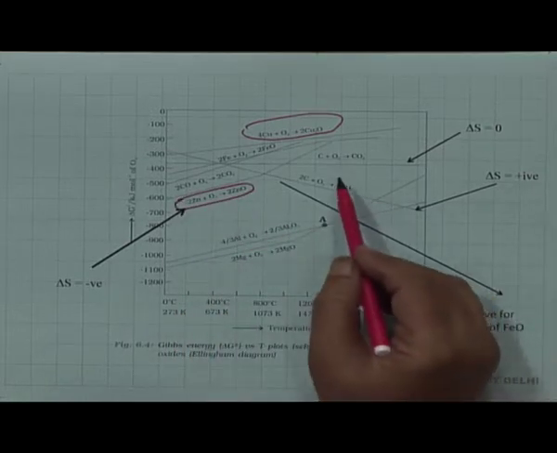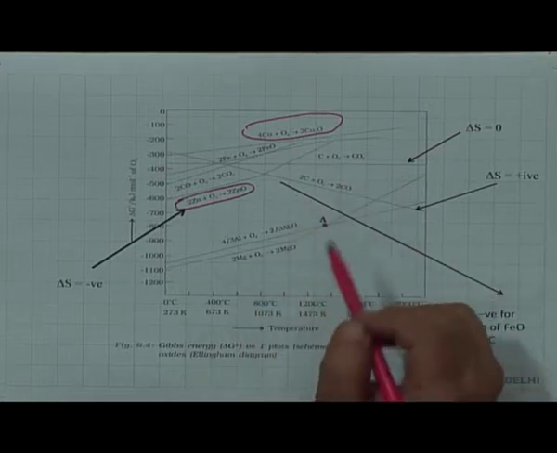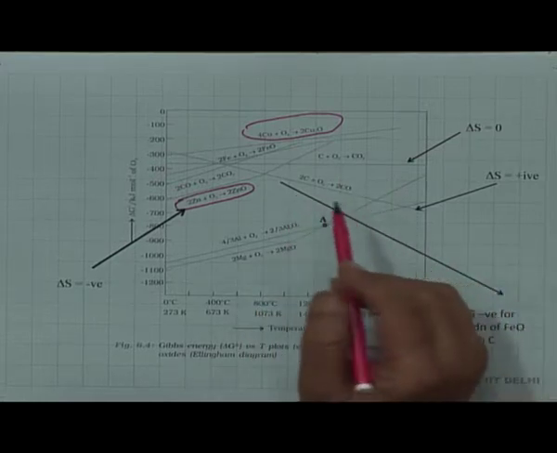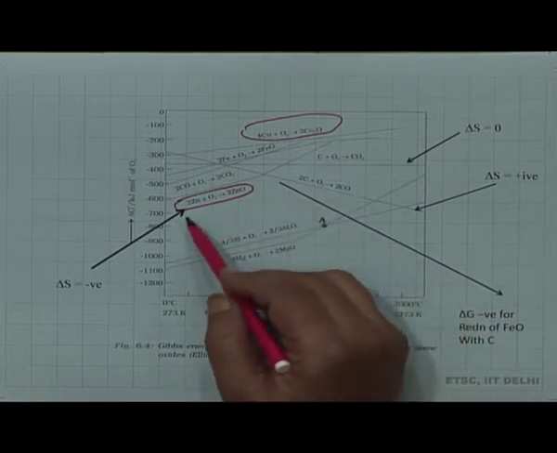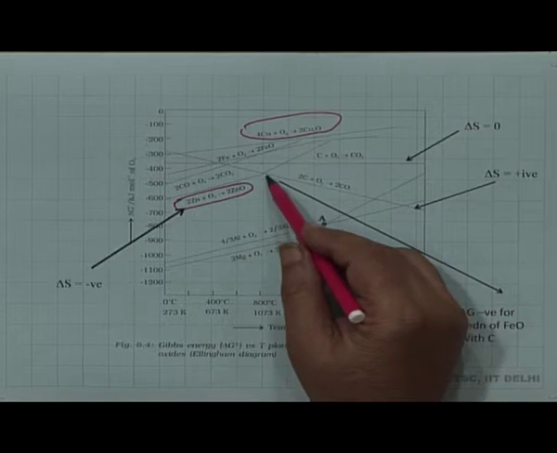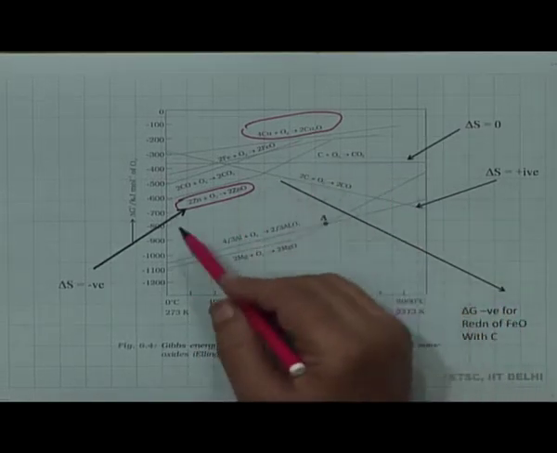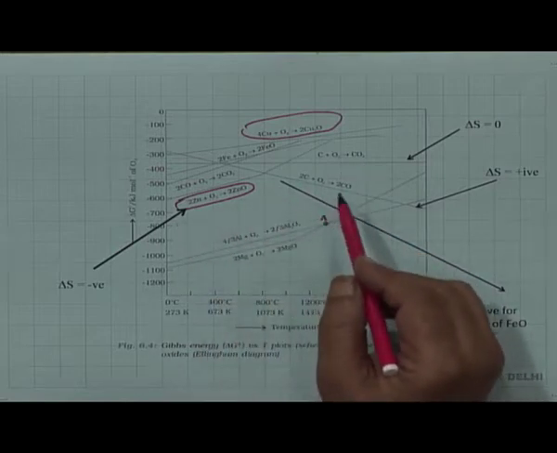The line of coke, oxidation of coke or carbon monoxide, is below the line of zinc oxide only after a temperature of 800 degree centigrade. Below that, they are not below the line of zinc oxide.